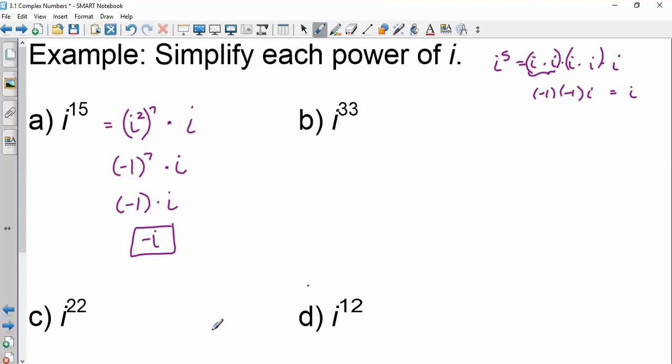So B, i to the 33rd power. Our first question is, how many groups of 2 can we make? 16. And that takes 2 times 16 is 32. We need 33, so we still have 1 more i. i squared is negative 1.